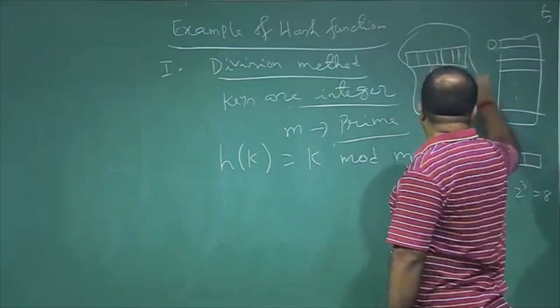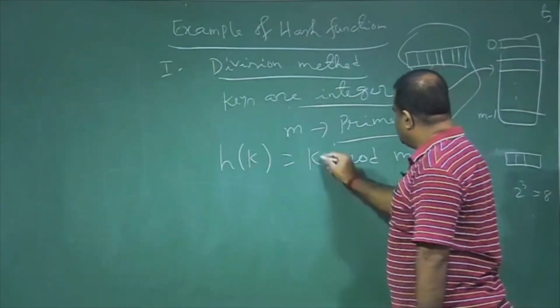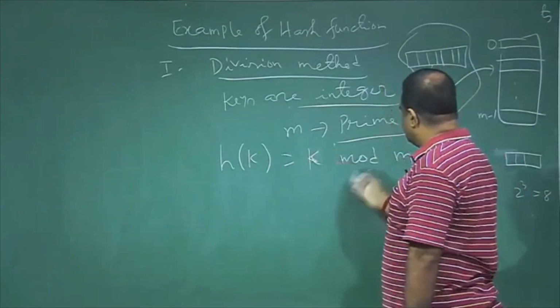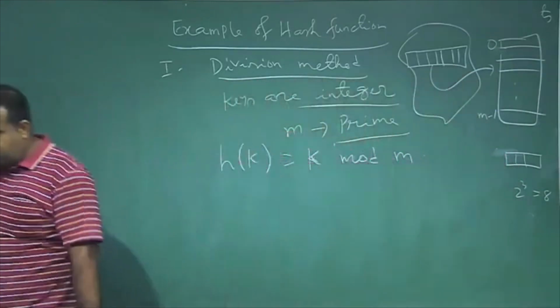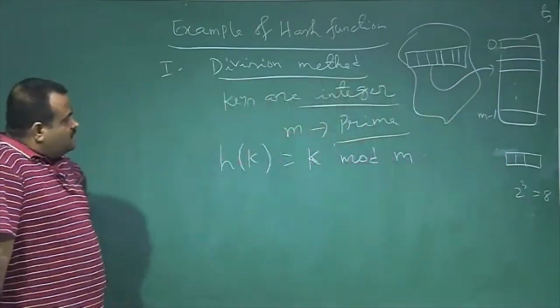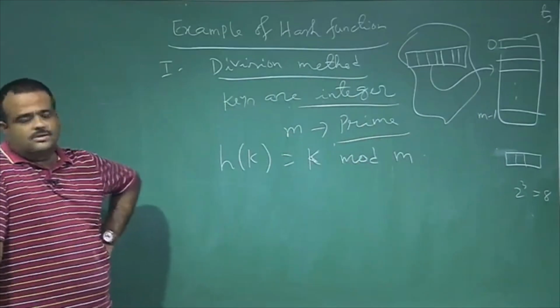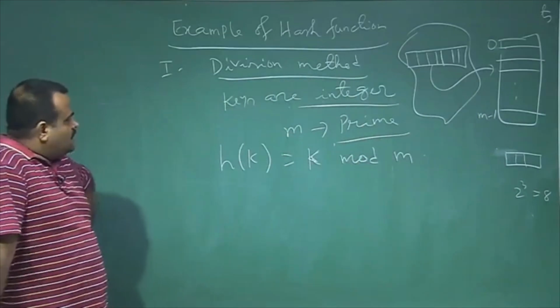So, we just map it into the fixed size. This is the mod operation. If you take the mod m, it ultimately gives a remainder, an integer from 0 to m minus 1, so it will hit a slot there. So, this is the division method.